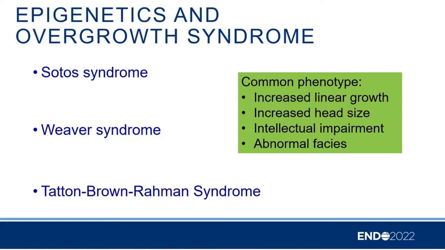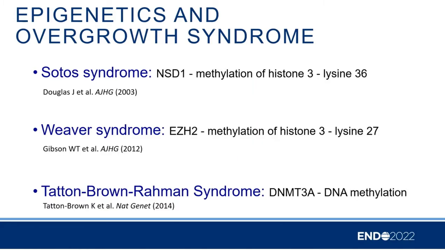Particularly, there are three of them, quite phenotypically similar overgrowth syndromes, caused by writers of methylation. There's Sotos syndrome that's caused by NSD1 mutation that affects H3K36 methylation. Weaver syndrome is caused by a defect in H3K27 methylation due to EZH2 mutation. And then Tatton-Brown-Rahman syndrome is caused by DNMT3A mutation.